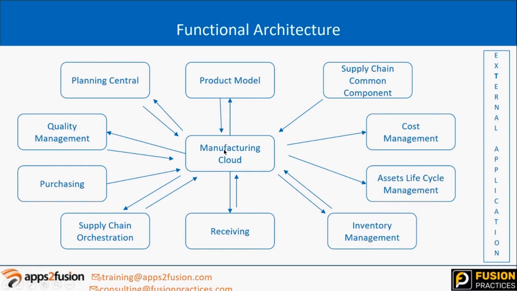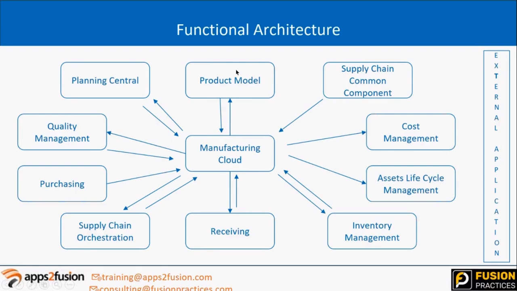So I think in your representation, the way you represented in this model, all these components put together called manufacturing cloud itself is one of the modules in that. No, that's why I said each box is a module. So this is the manufacturing cloud. The work definitions fall under this box, but the item structure falls under this box.